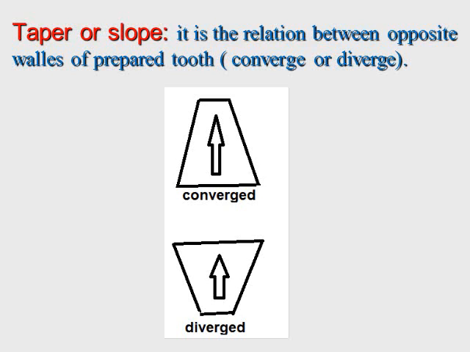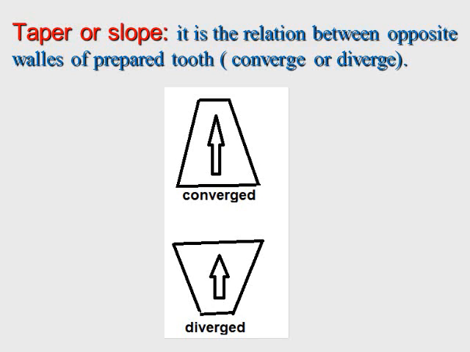Taper or slope means the relation between the opposite walls of the prepared tooth. There are three possibilities of such a sloping. Either they are parallel to each other, or they converge.